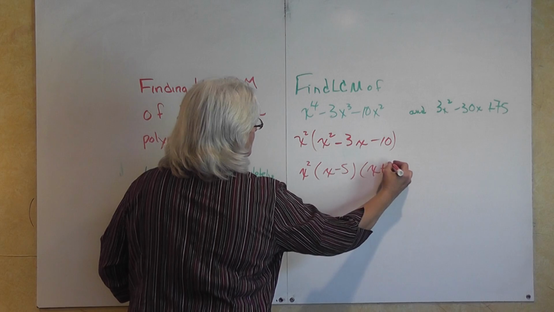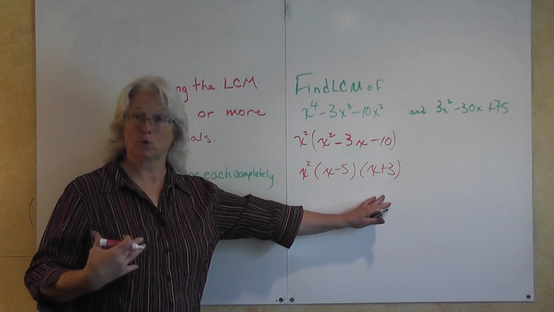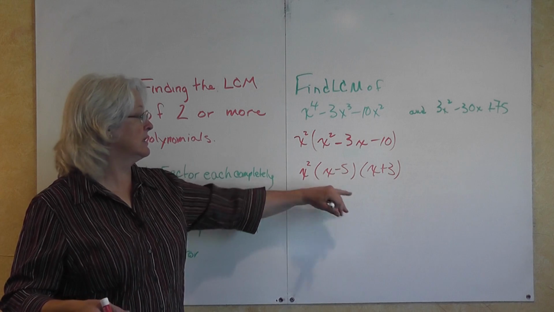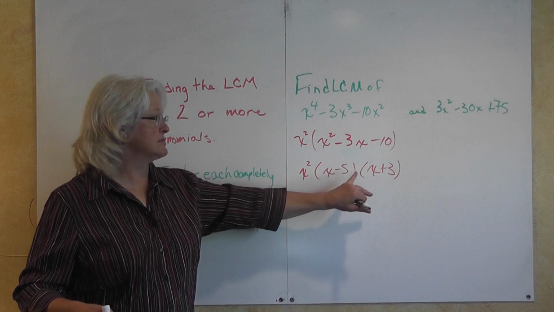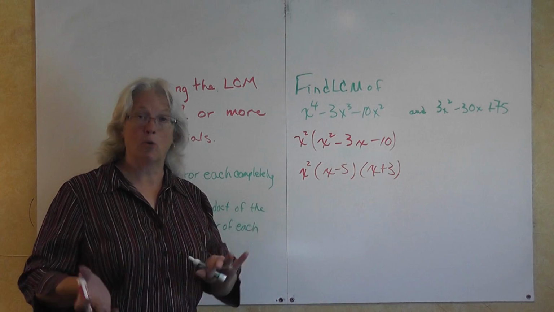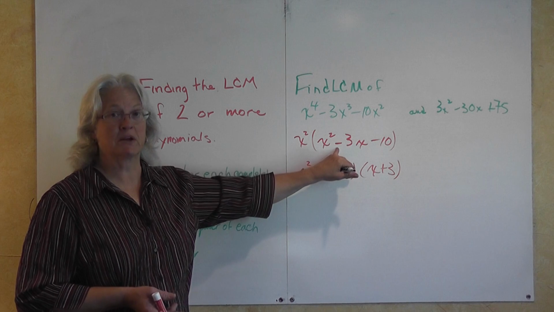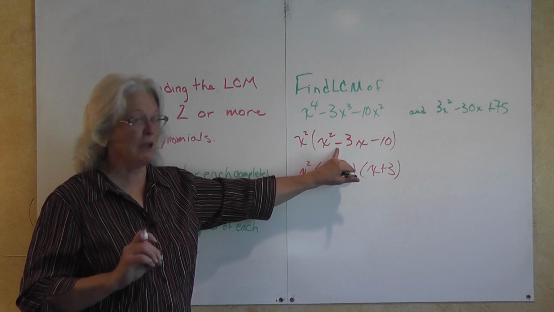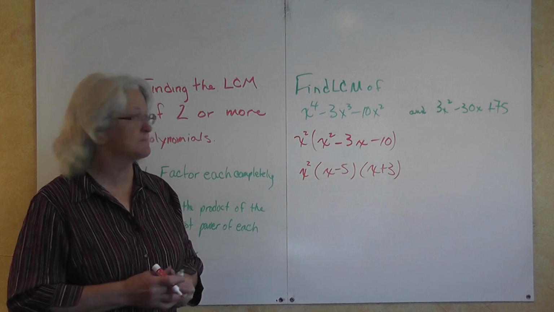And if you're not able to look at this problem, and maybe not so quickly as I just did, but if you can't look at this and see that this trinomial factors into x minus 5 times x plus 3, go back and review how to factor trinomials, because this is a very basic trinomial that you're factoring, and you need to know how to do this.